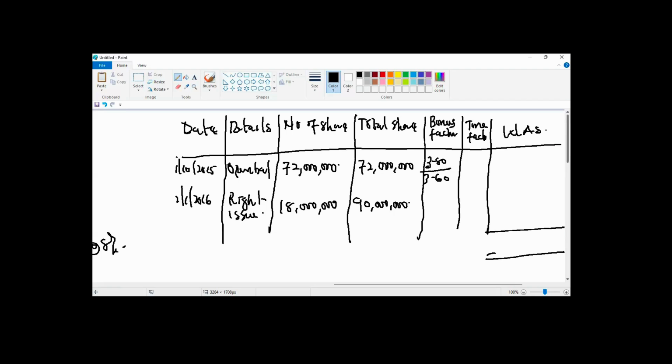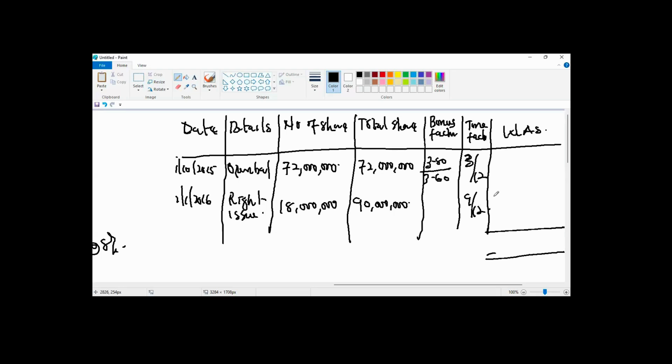Apart from repurchase, we have bonus and the rights issue. Those are things you will watch out for. So I'll now get the time factor from 1st October to 1st January. October, November, December. 1st of January is not inclusive. That will give me 3/12 for the first one. So this one will give me 9/12.